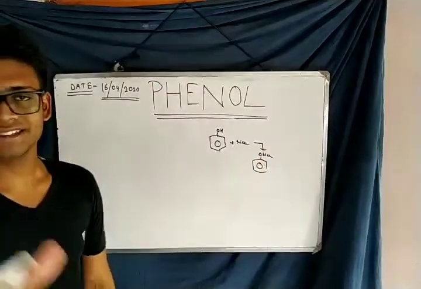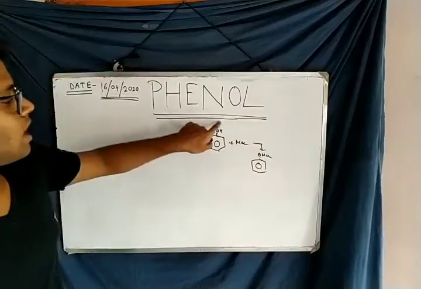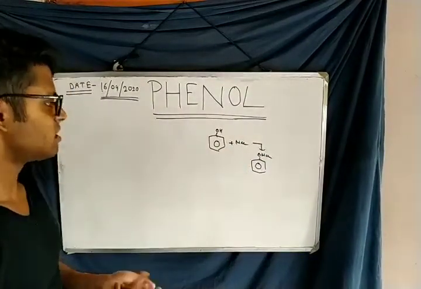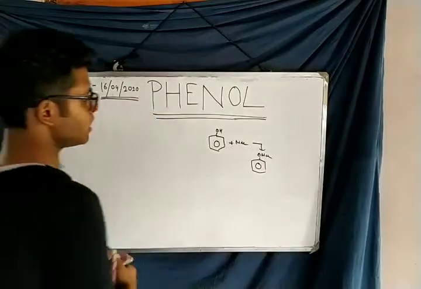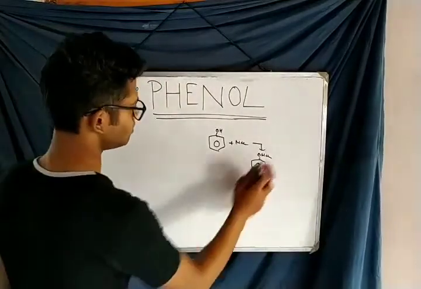See properly, the reaction occurs in the OH group. Here it is OH, but here it is ONa. The hydrogen is replaced by Na. These reactions prove that phenol is acidic in nature.